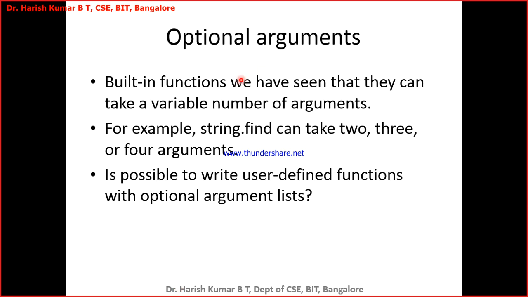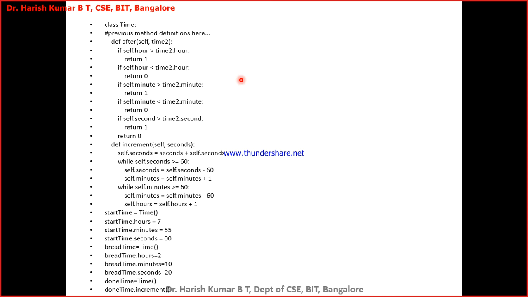Next is optional arguments. Till now you understood how to invoke the execution of a method which is located inside the definition of the class, how to pass one object as a self object to the method definition, and how to pass ordinary variables like integer type variables as arguments to the method.